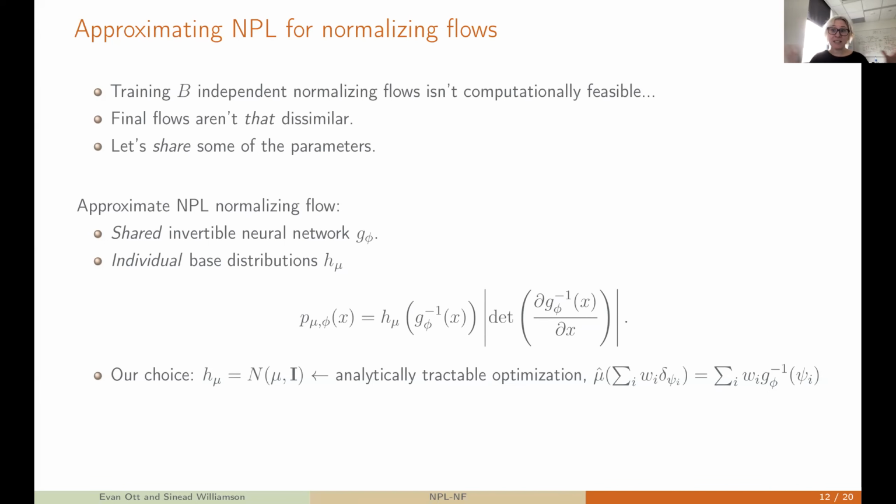So I've lost some of the flexibility by enforcing that we're sharing a flow architecture and parameters, but because that is a very flexible family of functions, and because these base measures can be arbitrarily spread out if they need to be, we still have a lot of flexibility to learn good functions here.